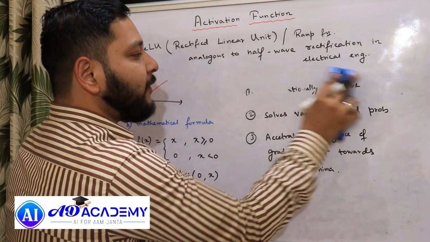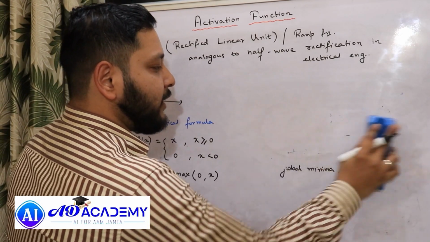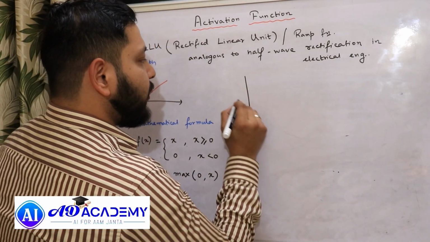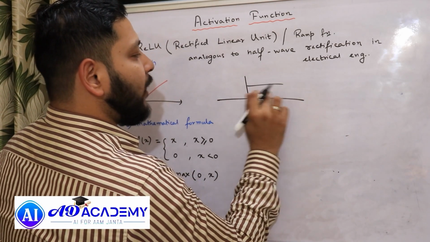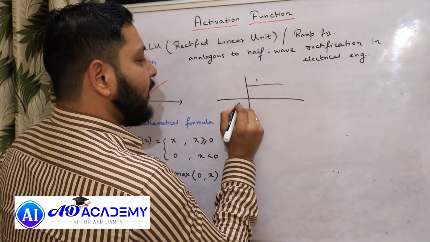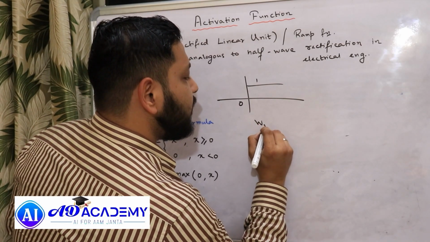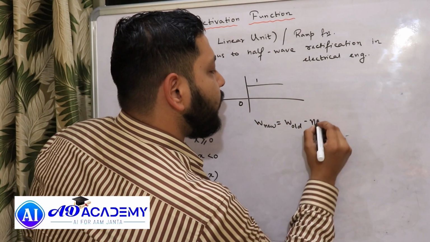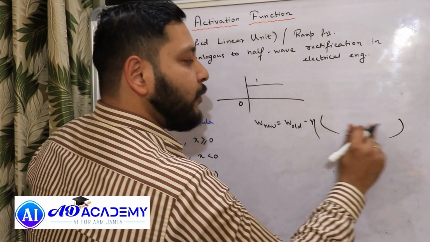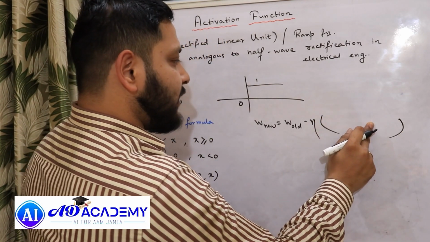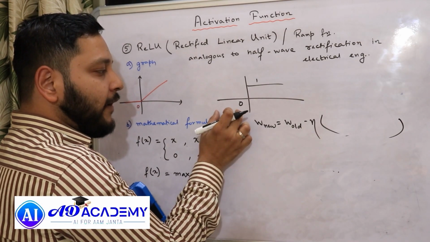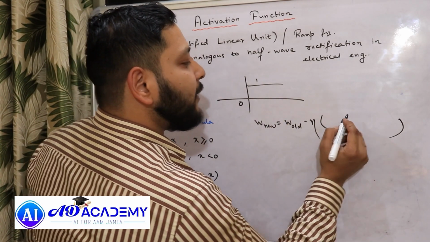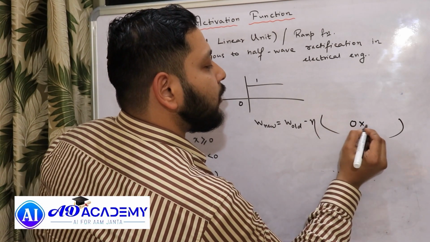Now coming to the disadvantage, it has one major disadvantage. First of all, understand why this happens: when we take the derivative, on one side it is 1, on the other side it is 0. So during this weight updation, we are doing this chain rule here. As a result, when the value of x is less than 0, it might happen that in some cases it comes as 0.